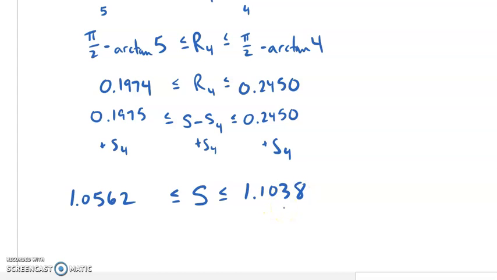So using our partial sum S sub 4, we can determine that S is somewhere between these two values. And these two values are fairly close to each other, so this seems to be a fairly decent approximation for our actual convergent value.